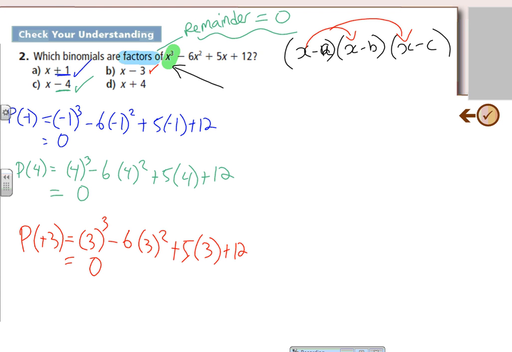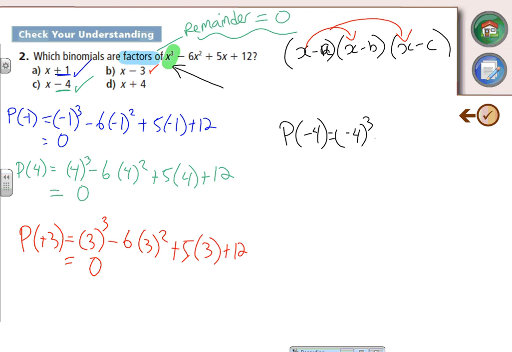No. We just found 3 factors. There's no way we can have a 4th factor if we have x cubed. Let's just prove it to ourselves. P of negative 4 gives us negative 4 cubed minus 6 times negative 4 squared plus 5 times negative 4 plus the 12, and the calculator says negative 168. That is most definitely not 0, and that is not a factor.